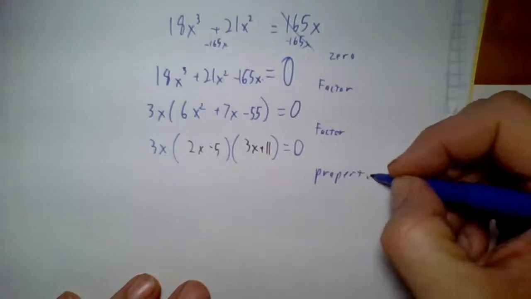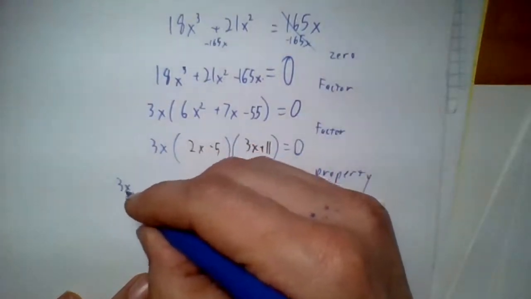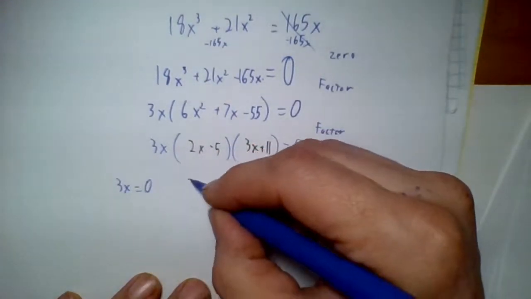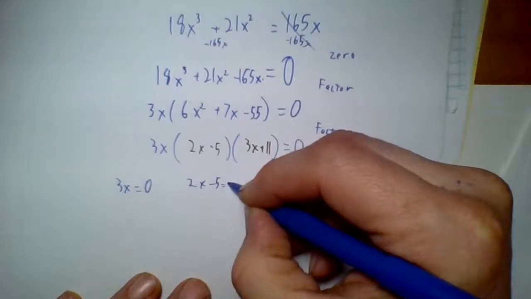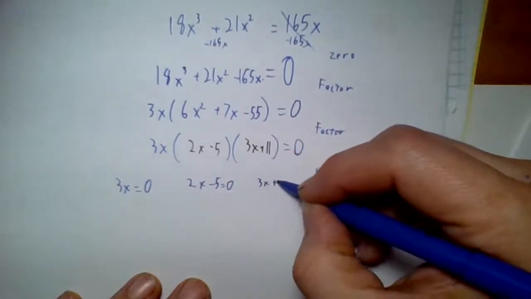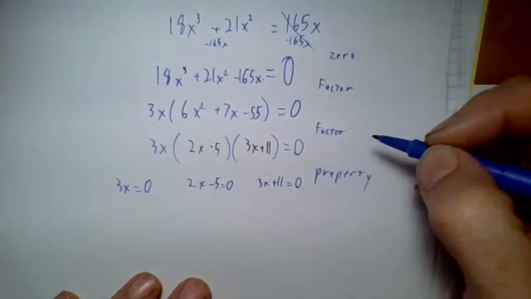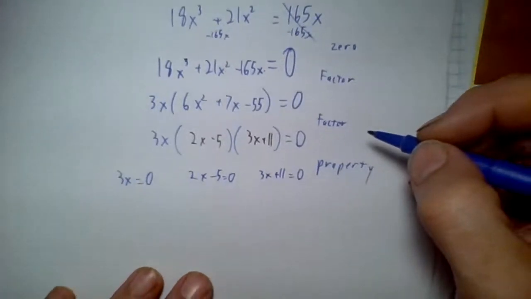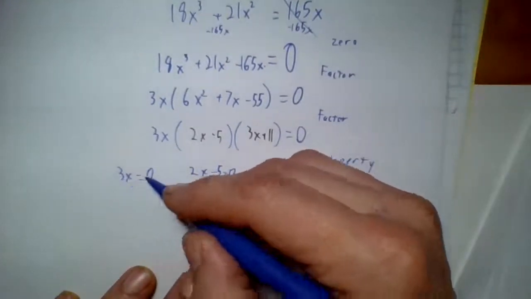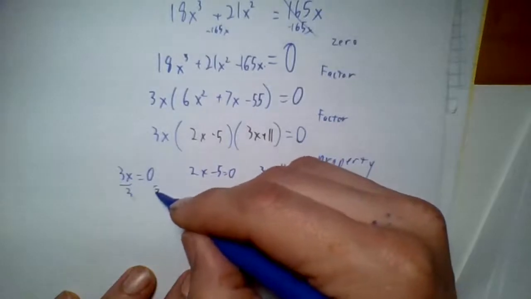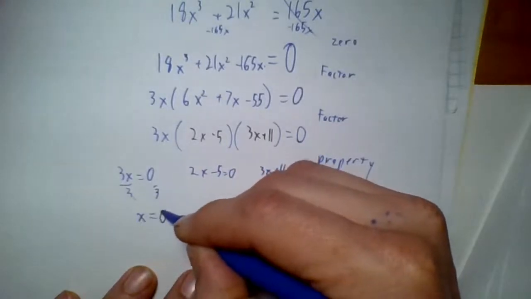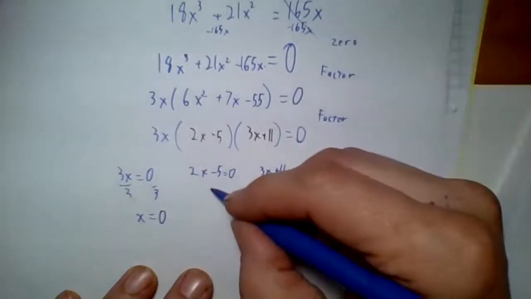And then use the property that says either this is 0, or 2x minus 5 is 0, or 3x plus 11 is 0. These actually all three have solutions now. This can equal 0. If you divide that out, you get x equals 0, which is a solution here.